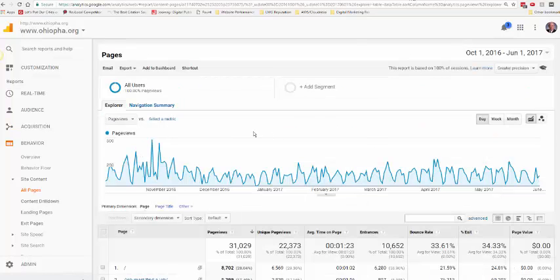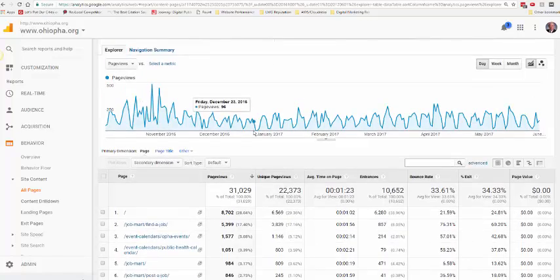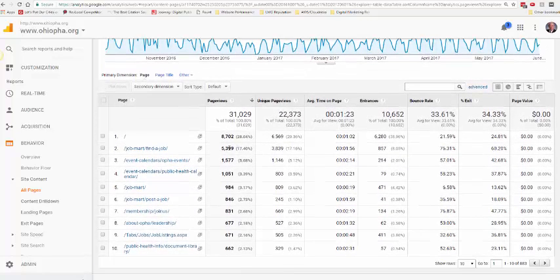If we drill down into the pages, you can see the activity by the pages, the find a job, the event calendar, OPHA events, and the public health calendar. You can see that those are the top activities.